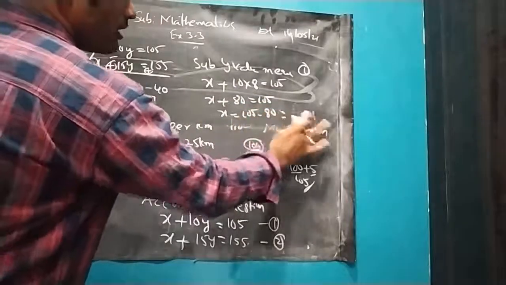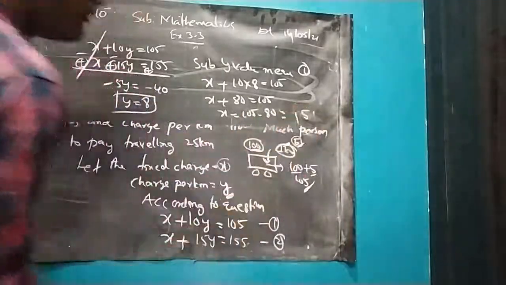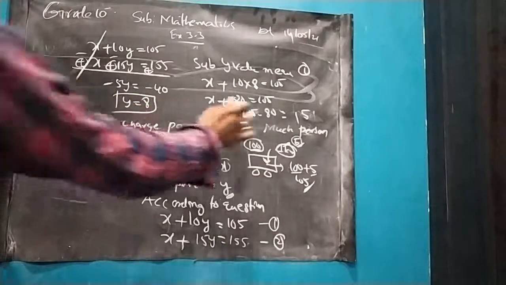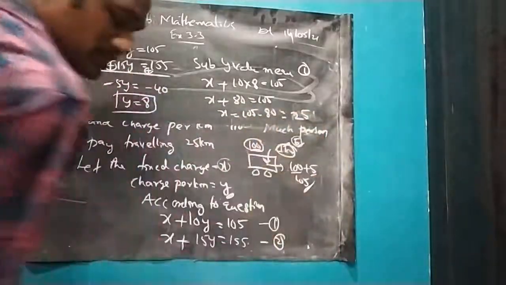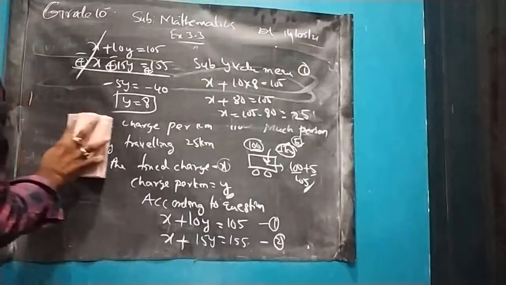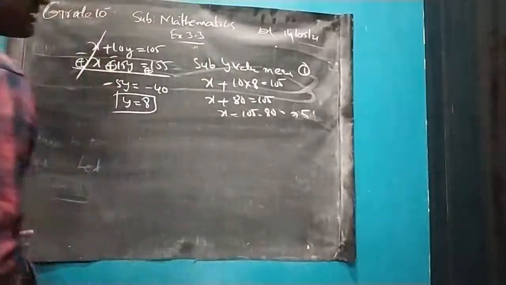How much are we going to get here? 5, 10 minus 8, 9 minus 8 is 1. 15 rupees we are going to get. So, not 15 here, it is 25. 10 minus 8 is 2, so 25. So they are going to fix the fixed charges as 25 rupees and per kilometer they are going to charge 8 rupees.